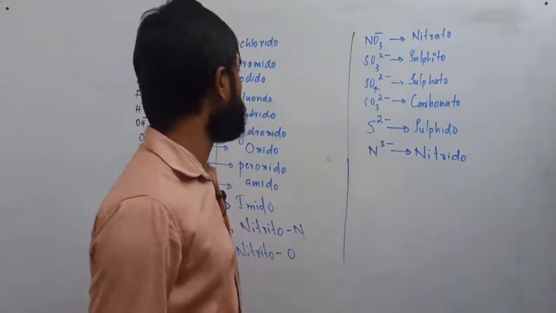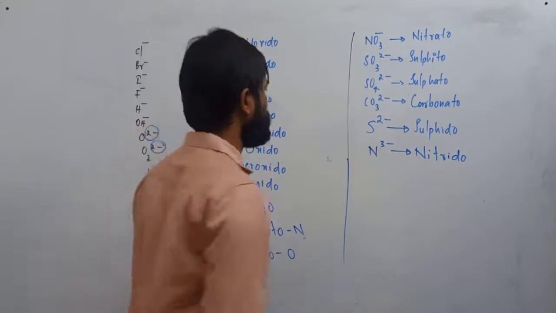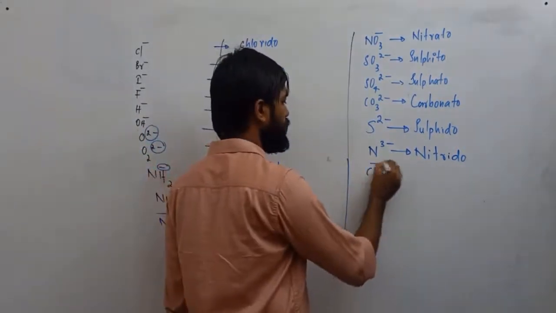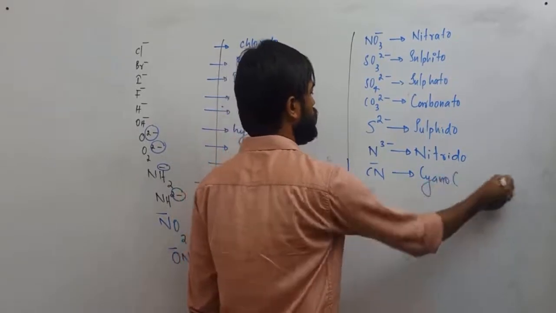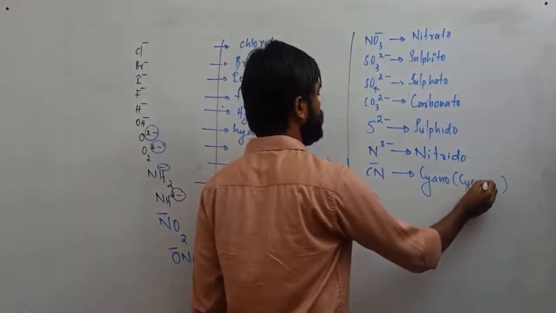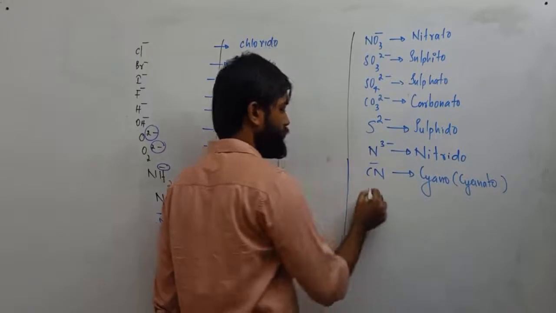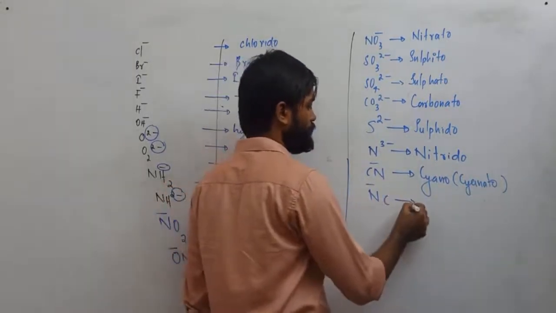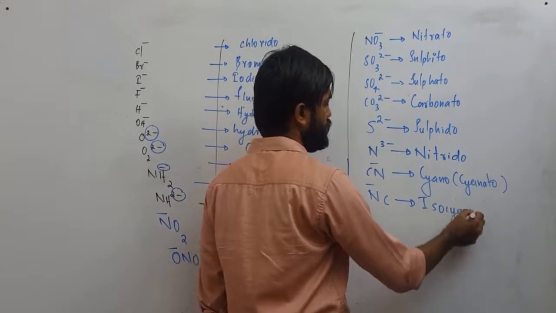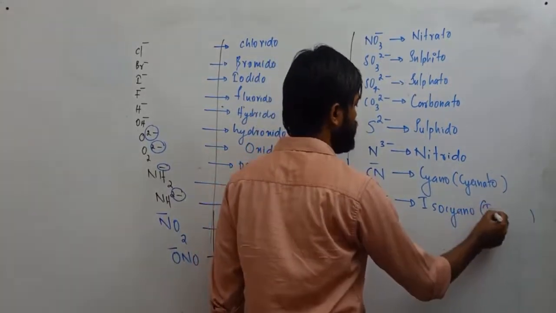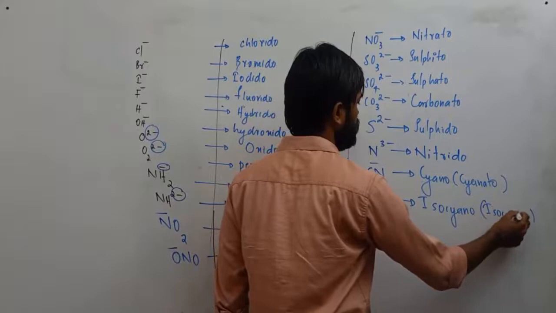These all are monodentate ligands, but with a charge. The next is CN minus, cyano or cyanido. Next is NC minus, isocyano.